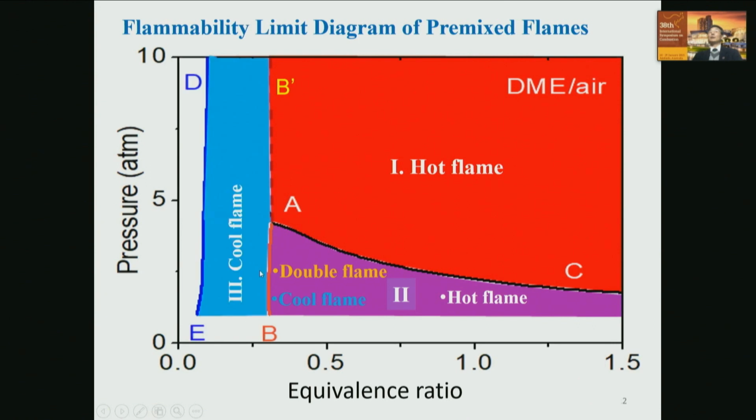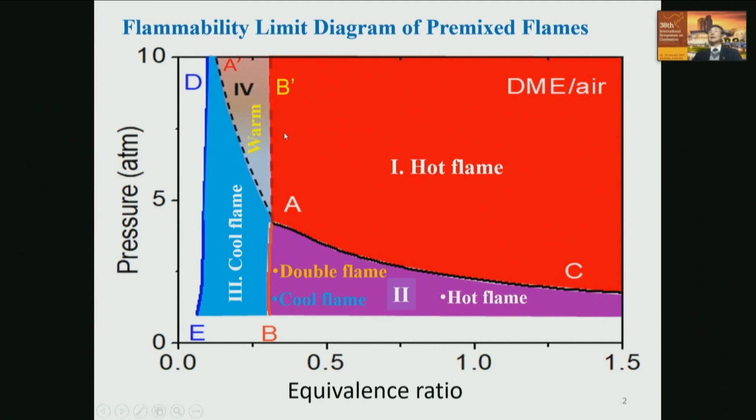And then the cool flame exists below that hot flame and also in region 2. So in region 2, you have three kinds of flames: cool, double flames, and hot flames. And as the pressure increases, the fuel radical concentration increases, and you will see a warm flame start to appear in this region at high pressure.